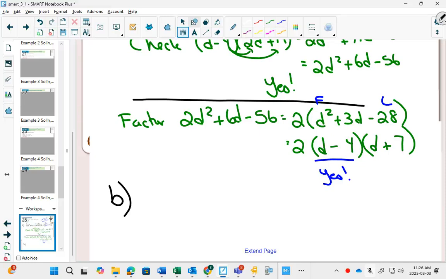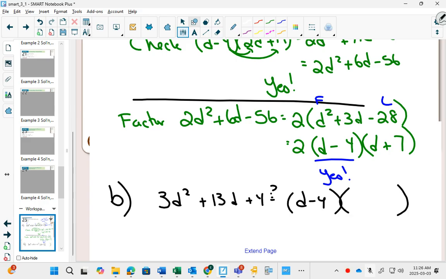So in B, we start off with 3d squared plus 13d plus 4, and we have a question mark. Is it d minus 4 times something? Well, if my first one is a 3d squared, that would mean this has to be 3d. My last one's a plus 4. Does it make sense that this one has to be a minus 1 in order to work?